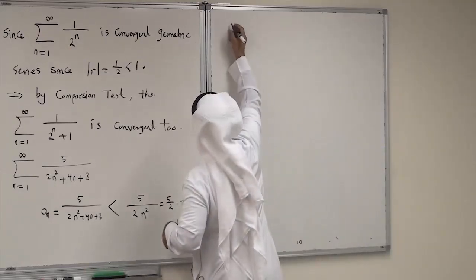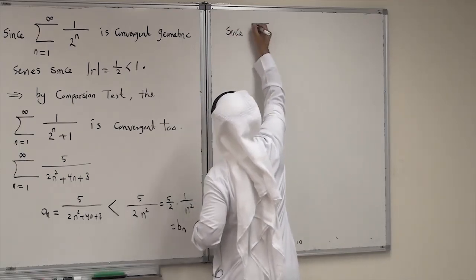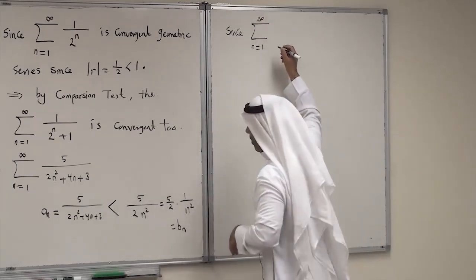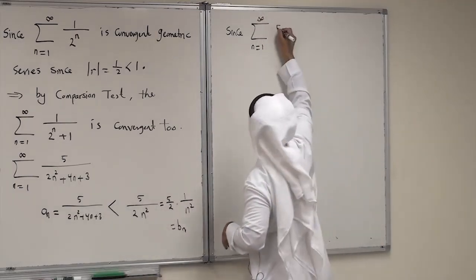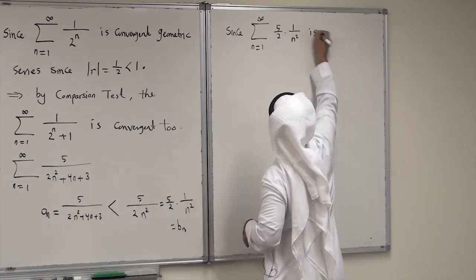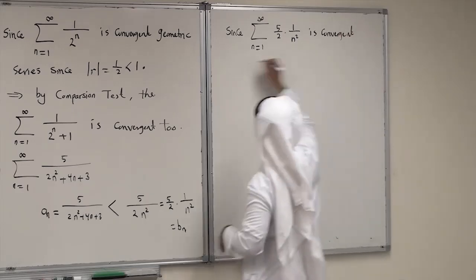We will say, since this series, the sum from n equal to 1 up to infinity of 5 over 2 times 1 over n squared, is convergent. Why is it convergent? Let us write the answer here.